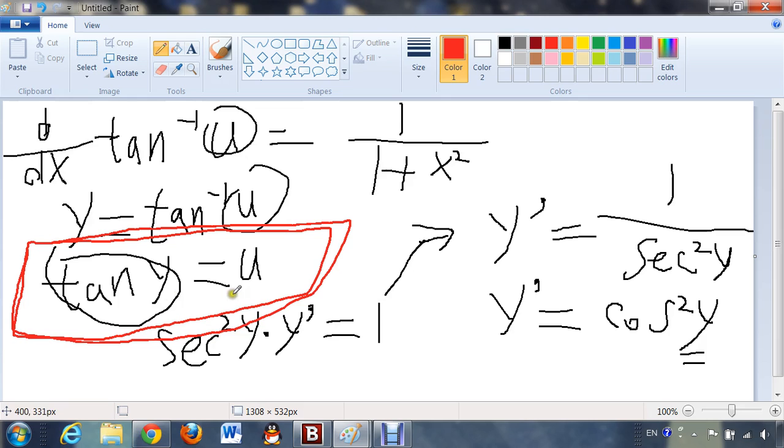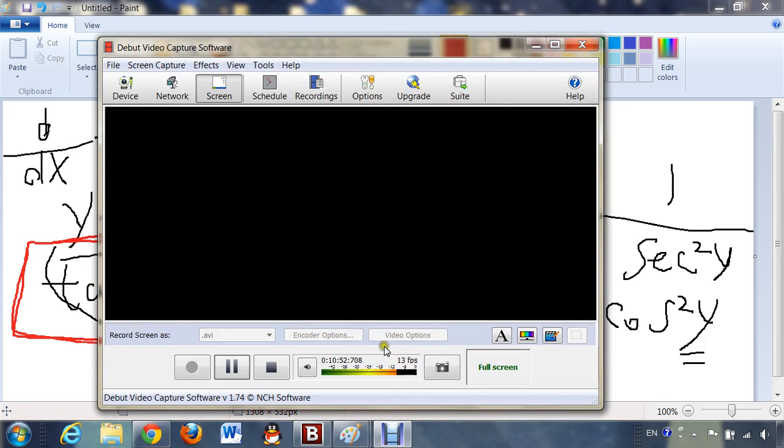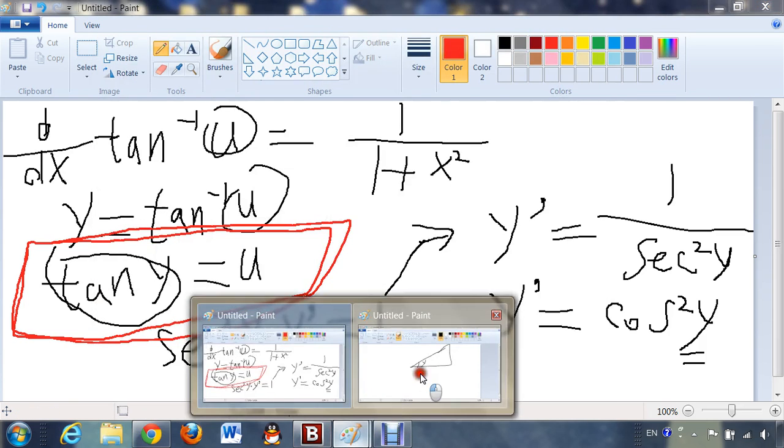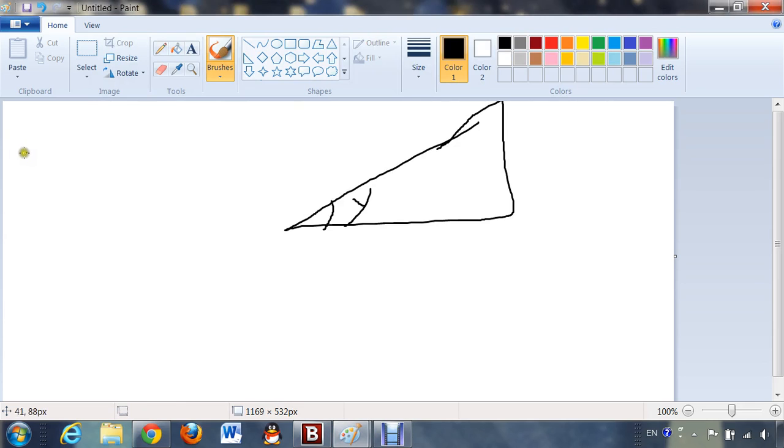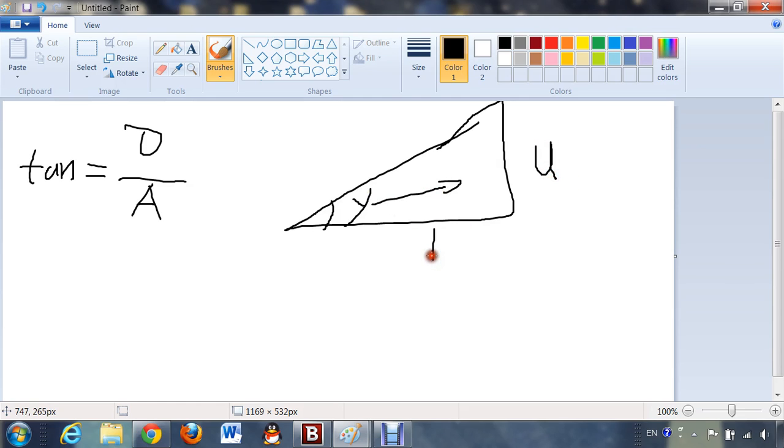Tangent is opposite over adjacent. So the opposite side is u over adjacent, so adjacent will be 1.